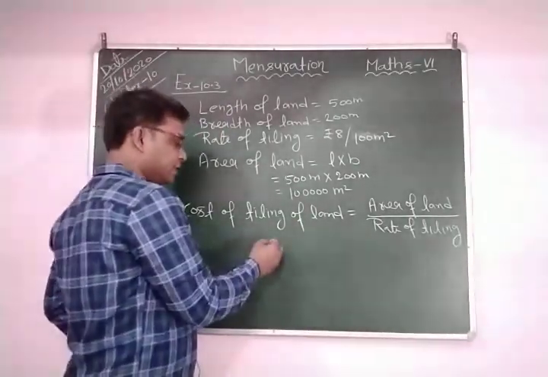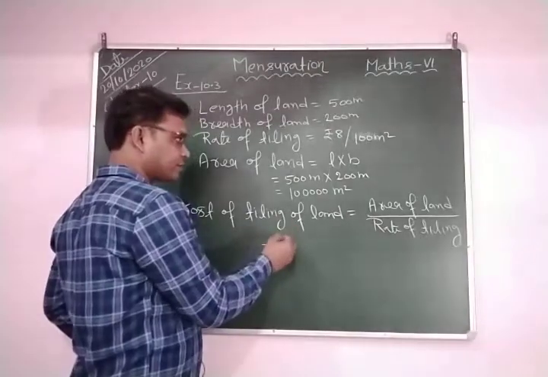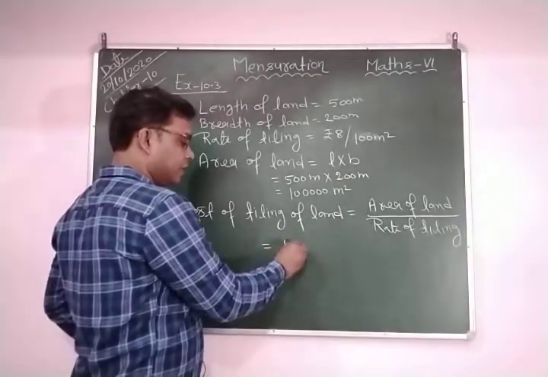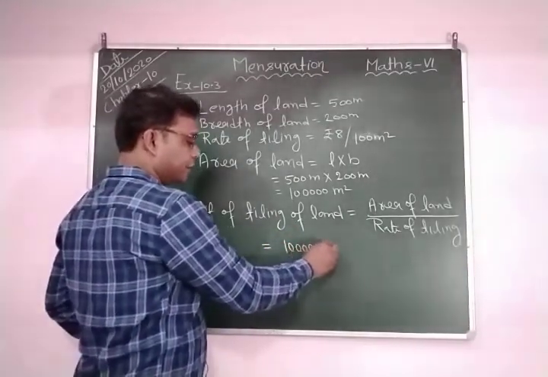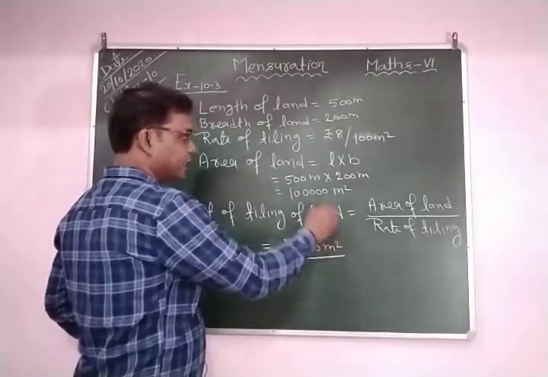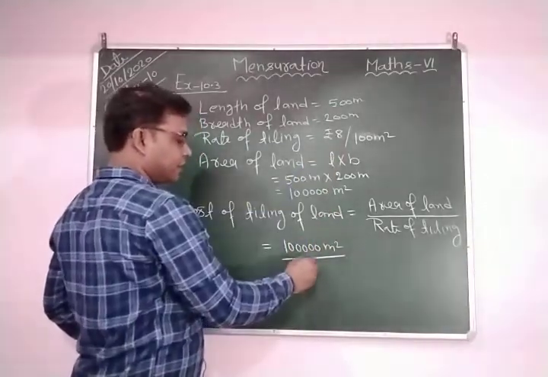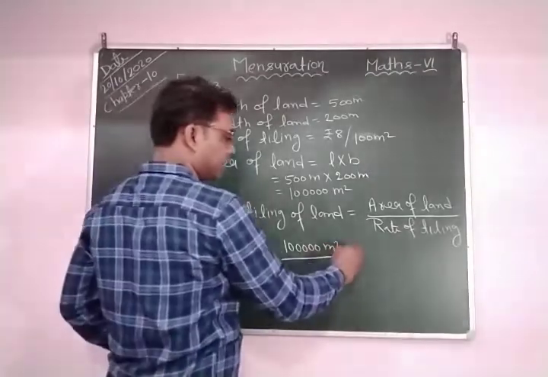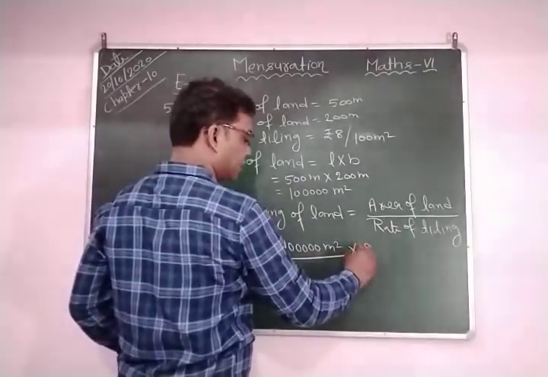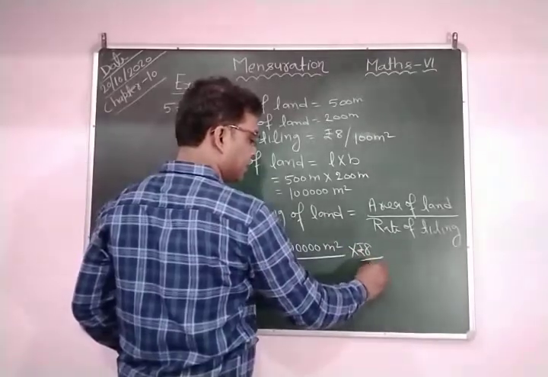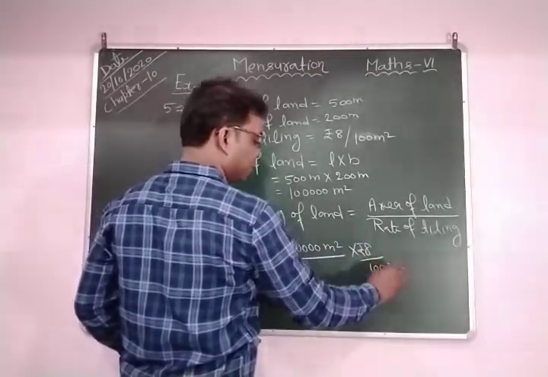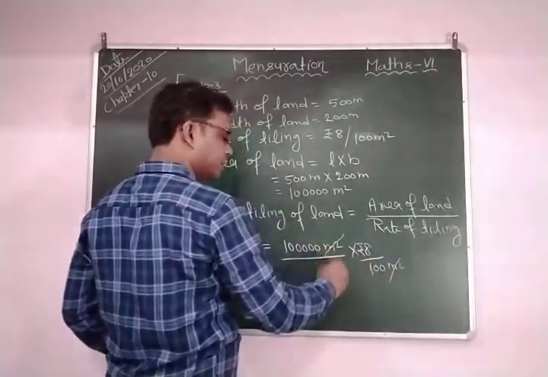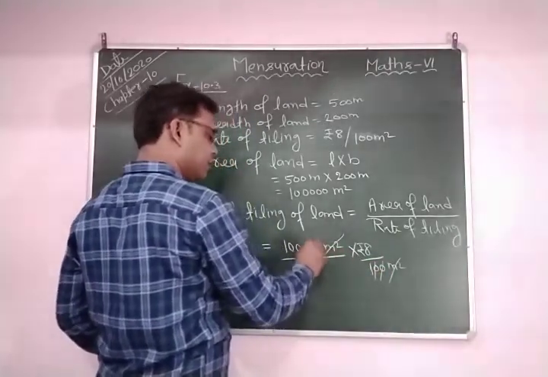So you can write here 1 lakh meter square divided by the rate of tiling, rupees 8 by 100 meter square. So meter square cancels, and 100 cancels.